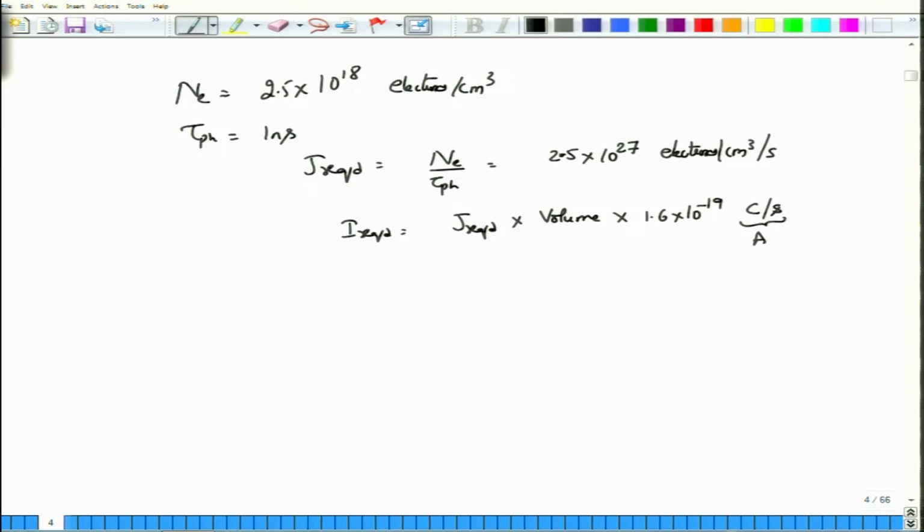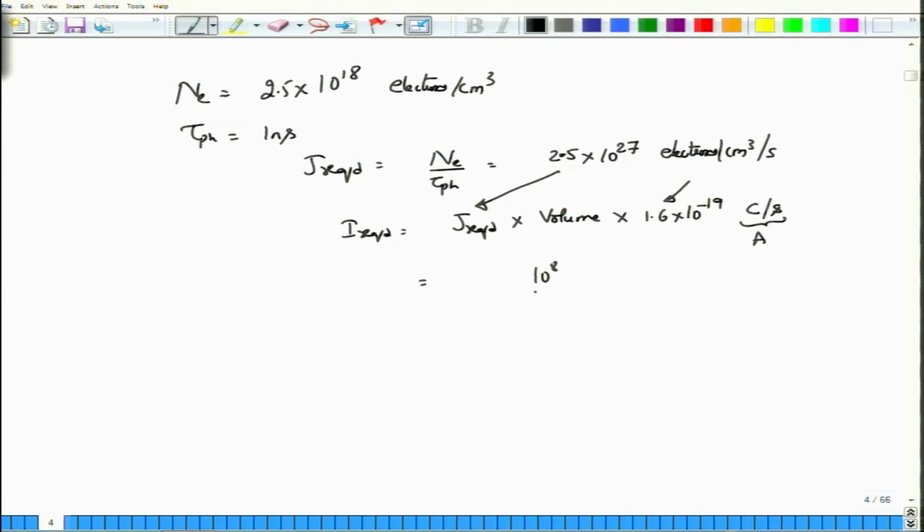So this is the required current that you need. You put the value of J required, and that would correspondingly, when you multiply, have an order of magnitude of about 10 to the power 27 minus 19, which is 10 to the power 8 coulombs per second times volume.